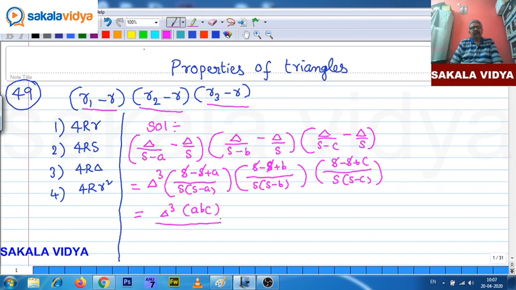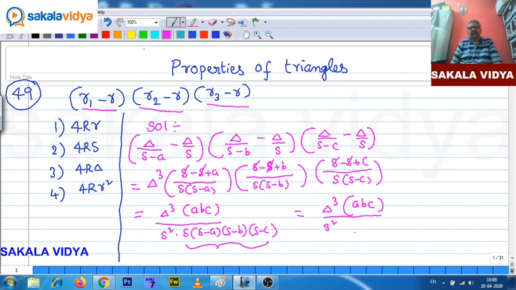By here we have S into S minus B, S minus C, and we can write like this, S square into S into S minus A, S minus B, S minus C. So this equals delta cube into ABC upon S square, and S into S minus A, S minus B, S minus C is delta square.